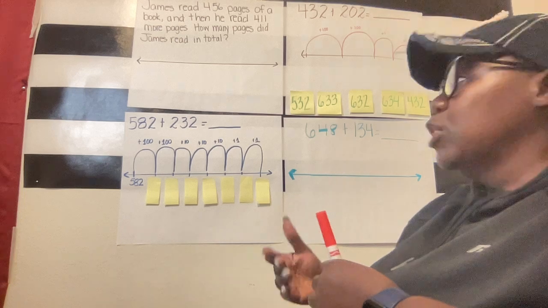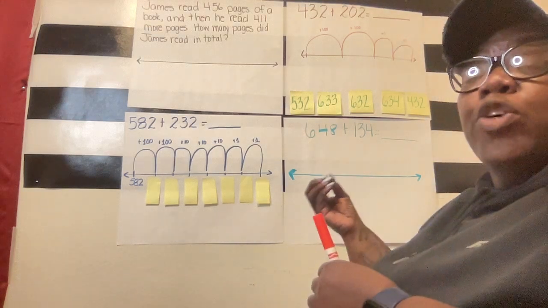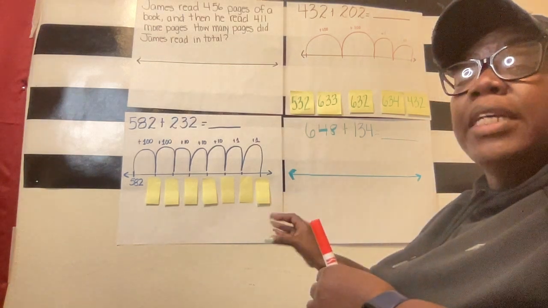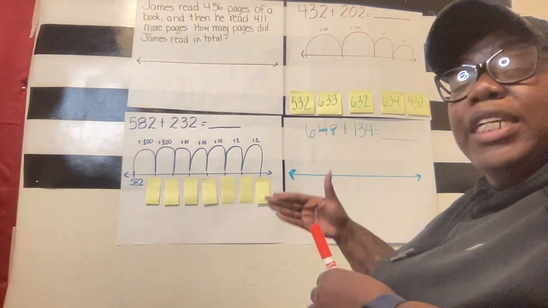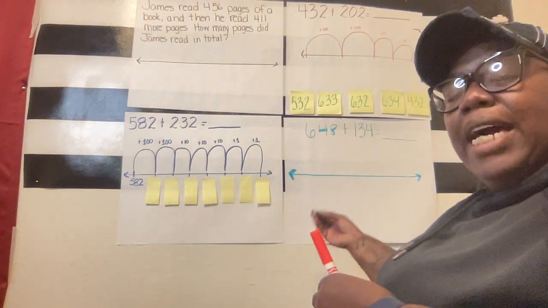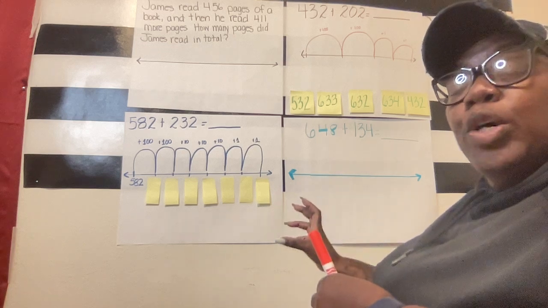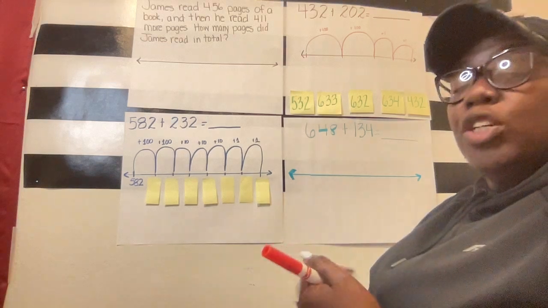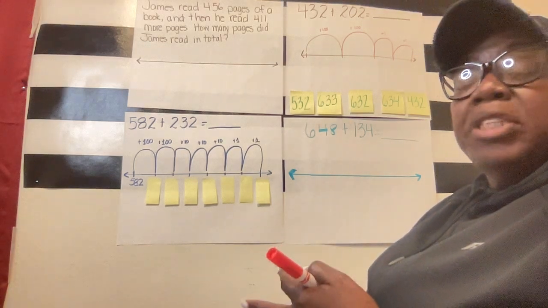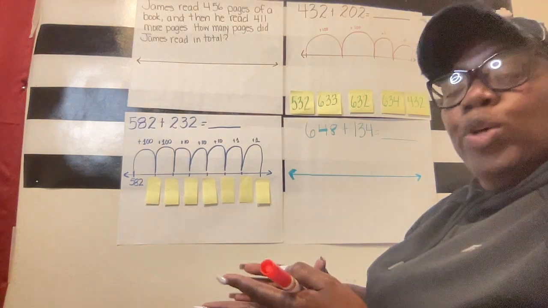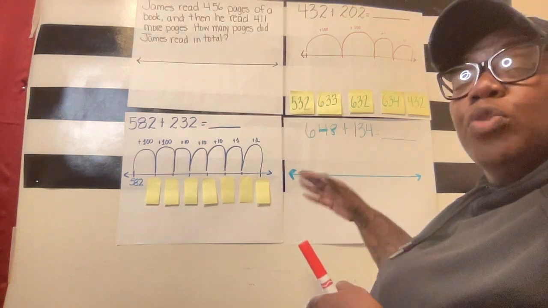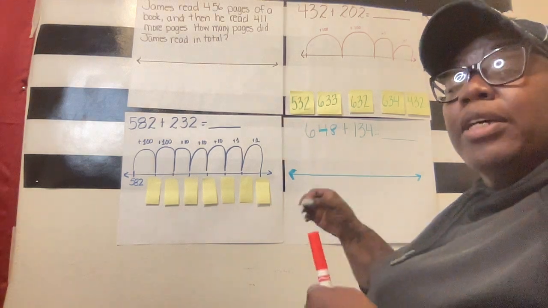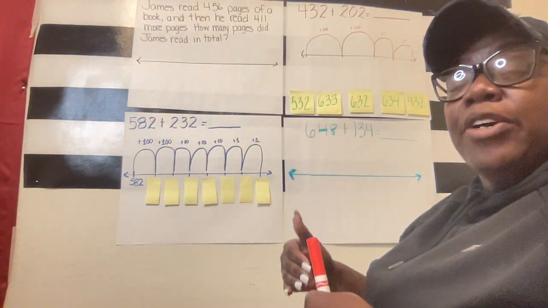So in an addition problem, you have two add-ins, and you always start the open number line with the greatest add-in. Then break the second add-in into its place value, hundreds, tens, and ones, whatever is in the number, and it allows them to show the jumps and to keep track of each place that they're adding.